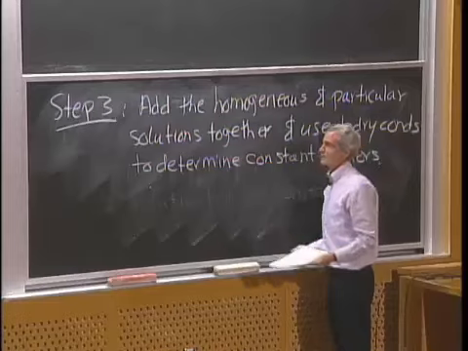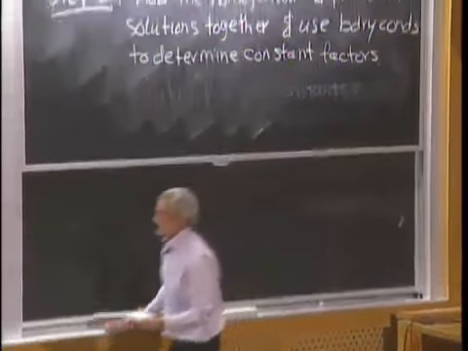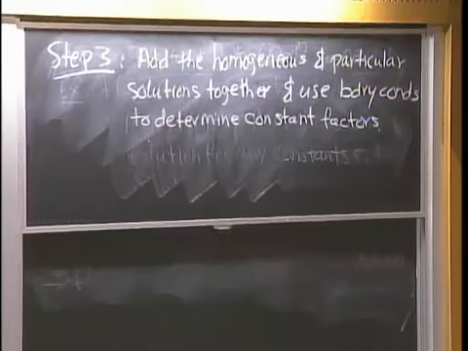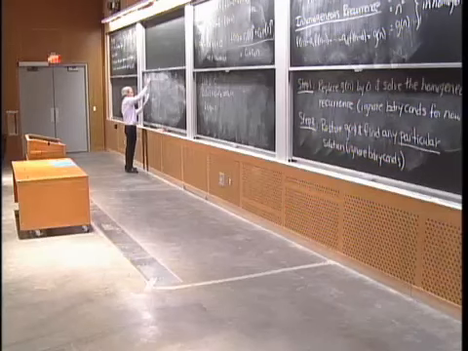Okay, so let's do an example. Let's go down here and do an example of the 3 steps. So let's say that a recurrence is this nasty looking thing.